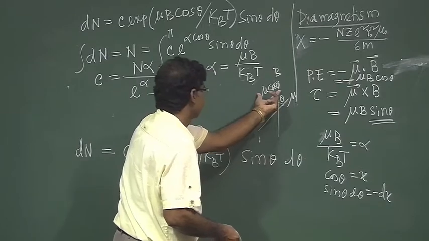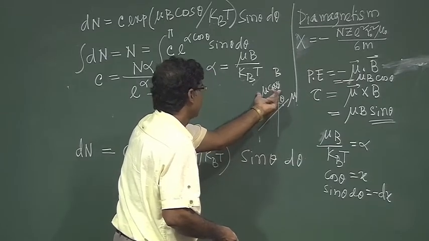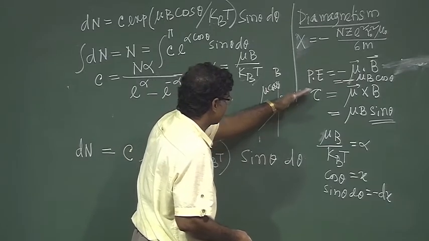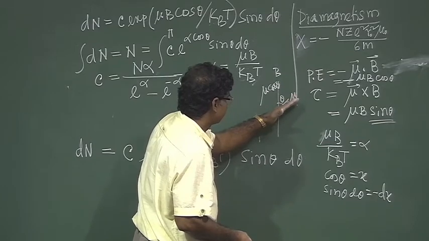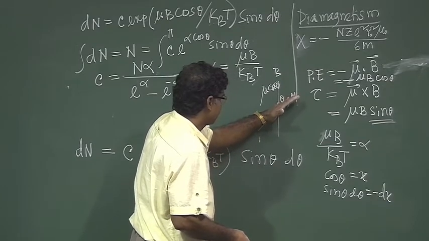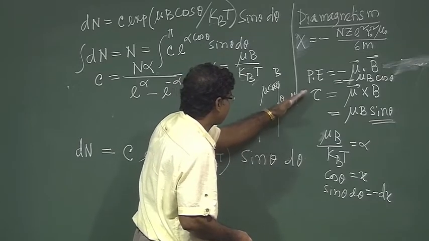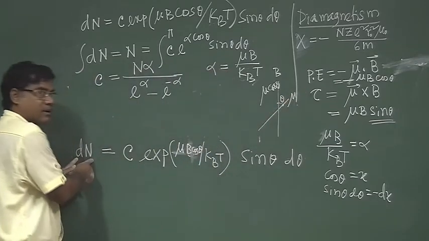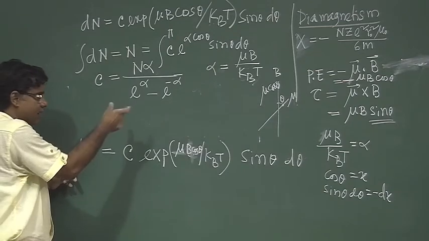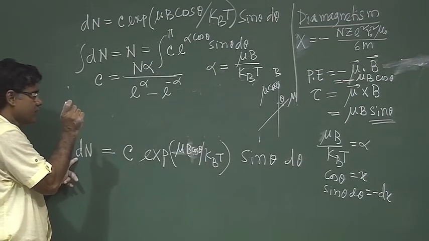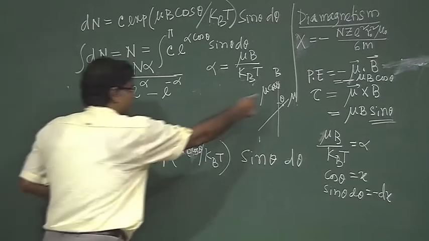So for the dipoles at angle theta, how many dipole moments are at this angle? dn number within this d theta range, right. Each will have mu cos theta.